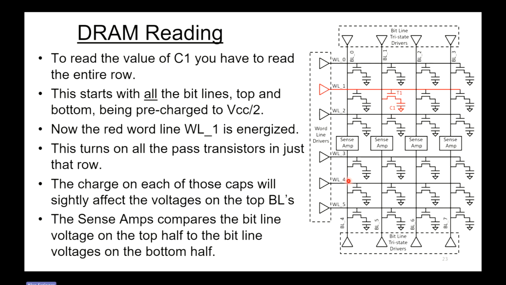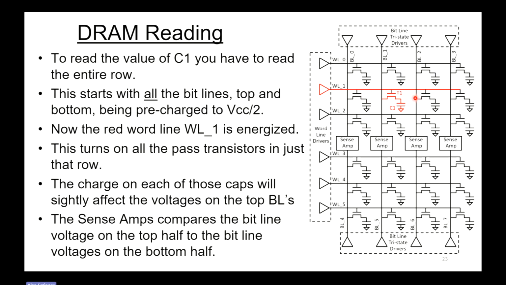Okay, so let's say we want to read the value of charge on this capacitor C1. Well, you can't just read this one bit, you end up having to read this entire row. So before we read the row, we start by setting all the bit lines, that means all these vertical lines, we pre-charge them to VCC over 2. All the top bit lines get charged to VCC over 2, and all the bottom bit lines also get pre-charged to VCC over 2.